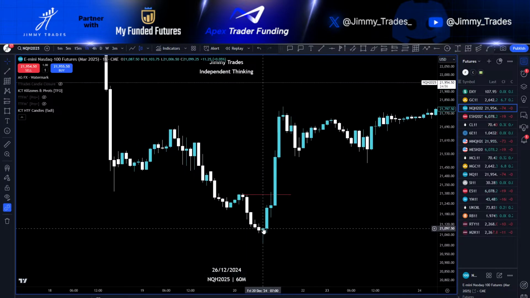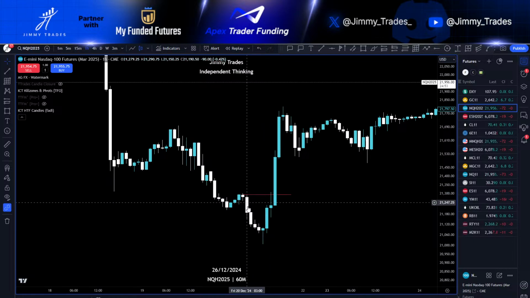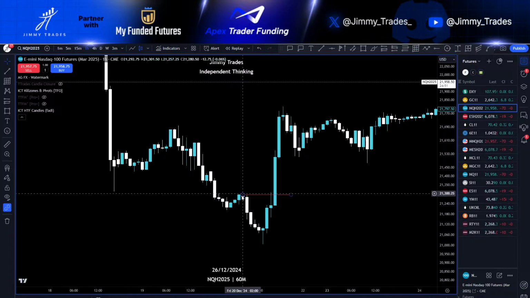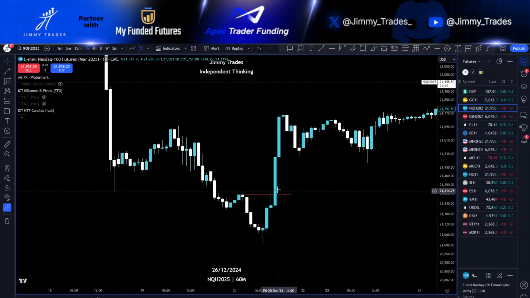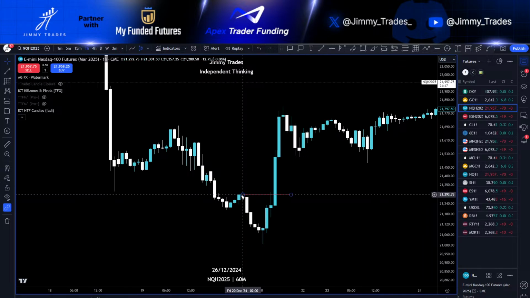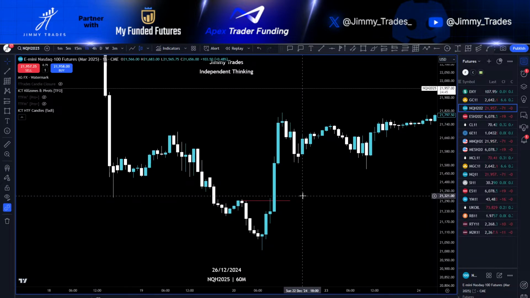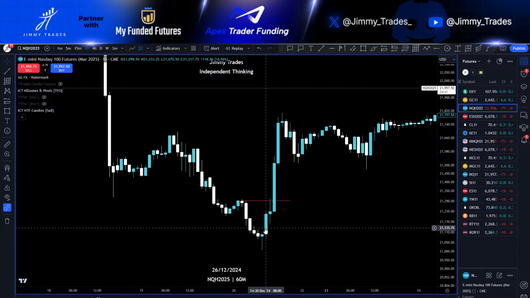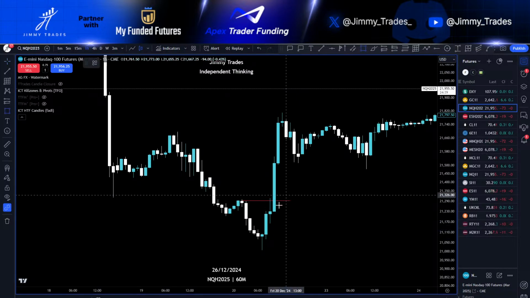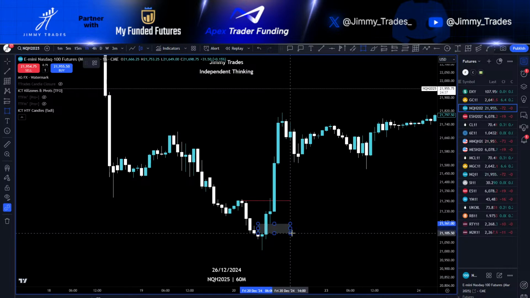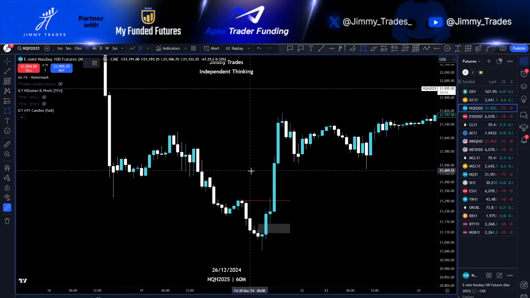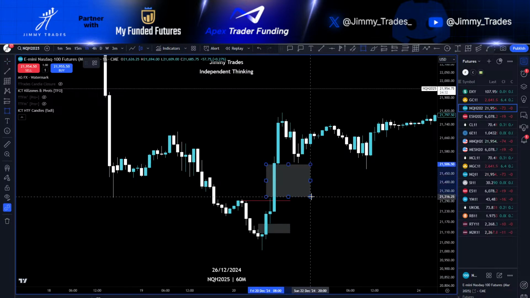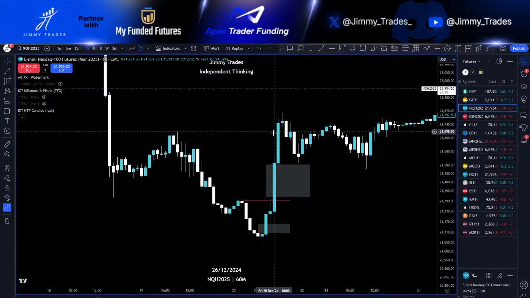And then you want to see displacement. So this is the opposing candles. And what you want to see is displacement through this run here. And you can see that we have an FVG here, and of course we have another one right here above, and then another as well.